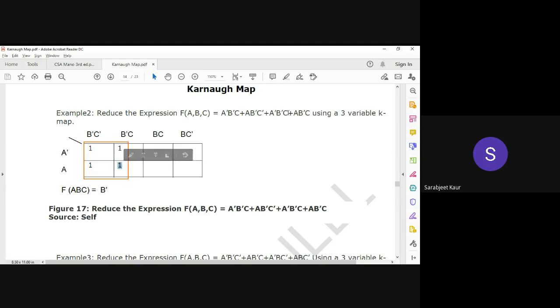I think one C prime got missed here. I'm writing the expression again here.